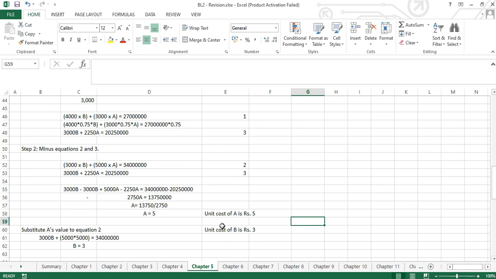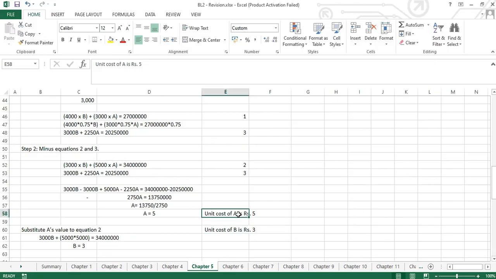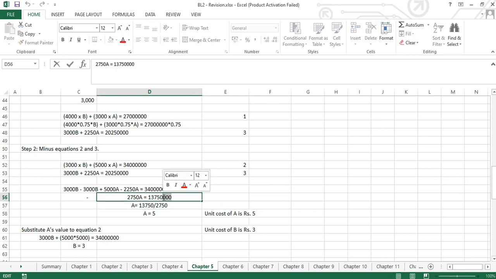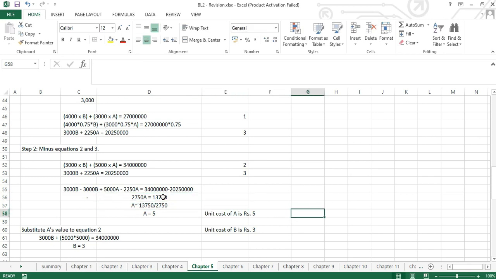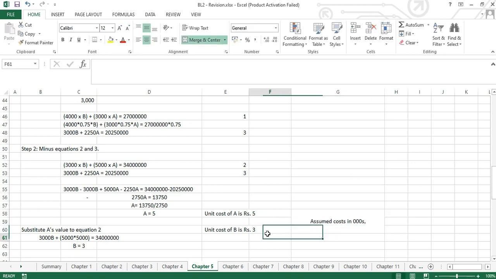But yeah. Alright, so the answer for question 11 is 5 rupees per unit, assuming the cost is not in millions but in thousands. We assumed both that the cost is in thousands, but in the exam they will give it to you clearly. And it's better to use the full amounts so that you avoid the risk of getting the wrong answer in the end.